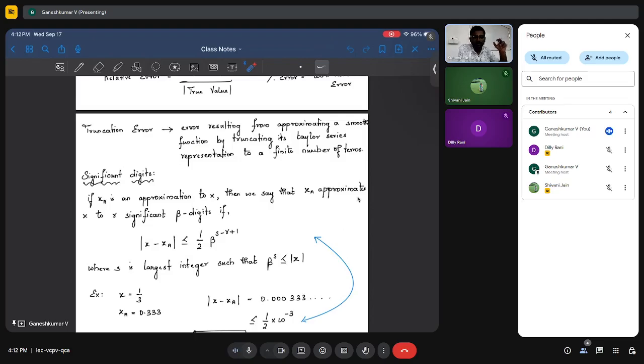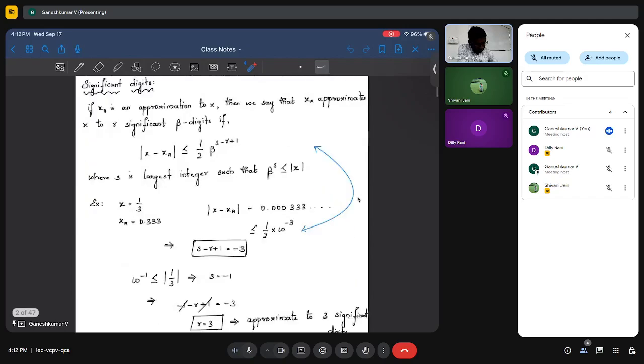Now we cannot continuously find each and every term in the Taylor series, so we have to truncate it at some point. And when you truncate it, the value that the remaining terms would give is what we call the truncation error.